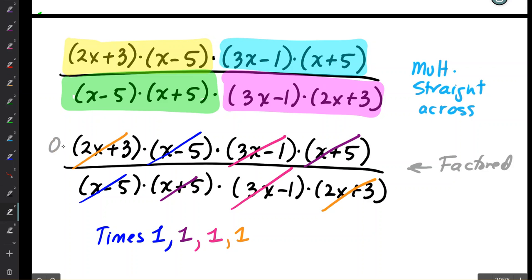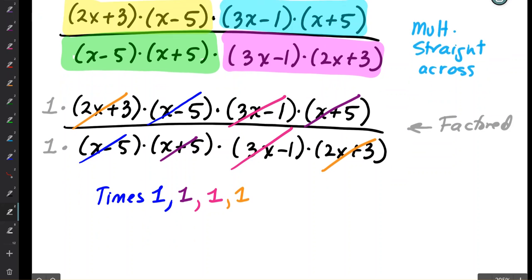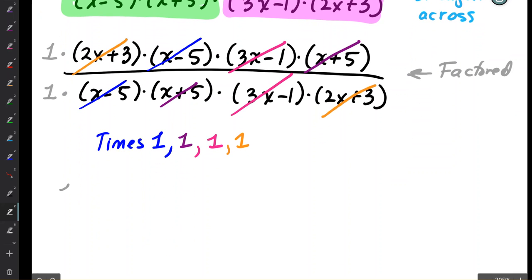If I put a 0 times 0, what's 0 times anything? It's 0. And same thing with the denominator. This isn't 0 over 0. What is the one number you can multiply and not change anything? It's 1. The numerator is the numerator times 1. The denominator is the denominator times 1. Here is my answer, 1 over 1, which equals 1, and we are done.